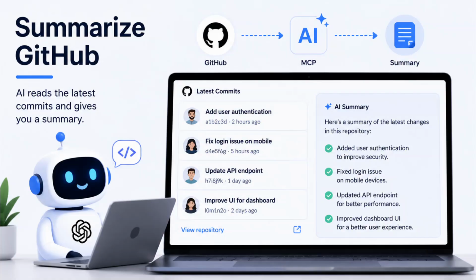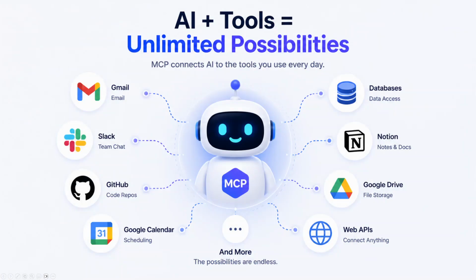Now, you could even ask follow-up questions like who made the changes, were any bugs fixed, generate release notes for this week's update, all without leaving your chat window. So that's the power of combining AI with tools like MCP.